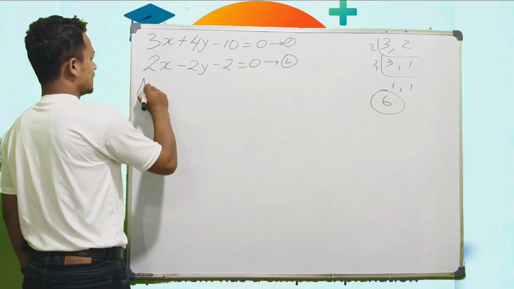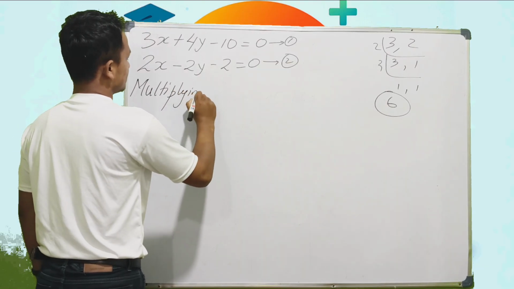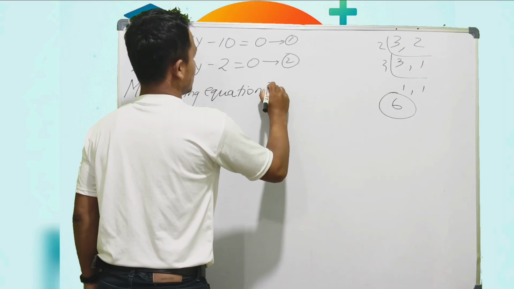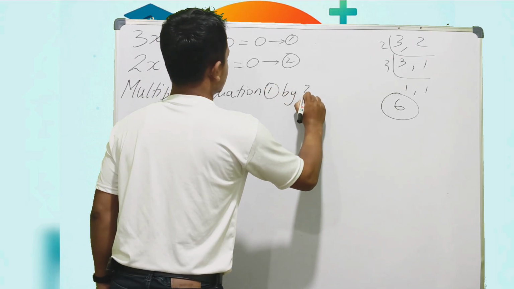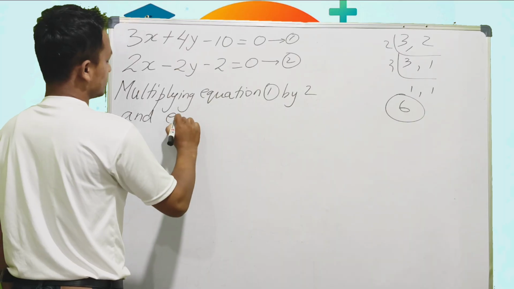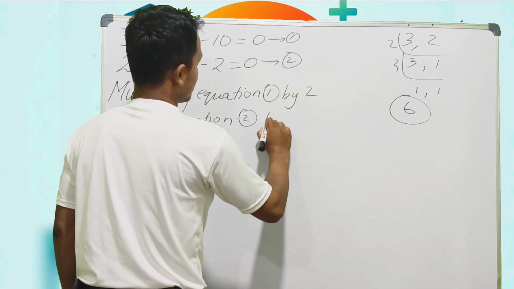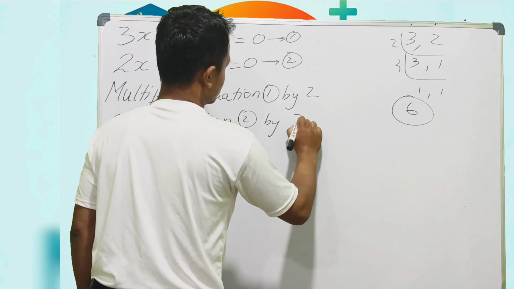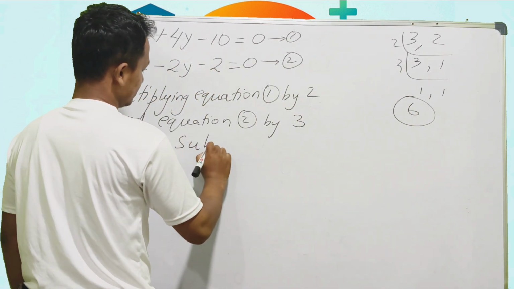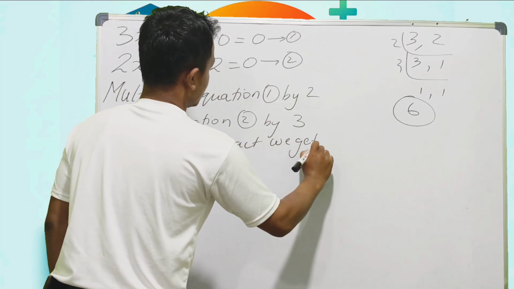Multiplying equation 1 by 2 and equation 2 by 3 and subtracting, we get the following.